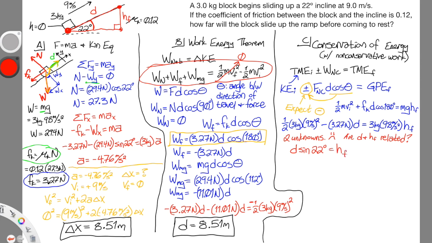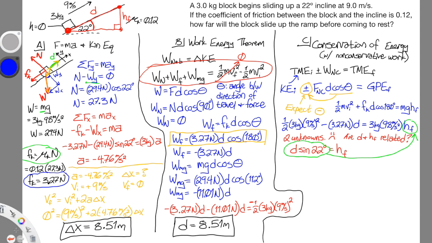So that means we can take this d times sine of 22 degrees and plug it into this other equation in place of h f. Now, all we have for our unknowns is d, so we can just continue on to solve the rest of the problem.